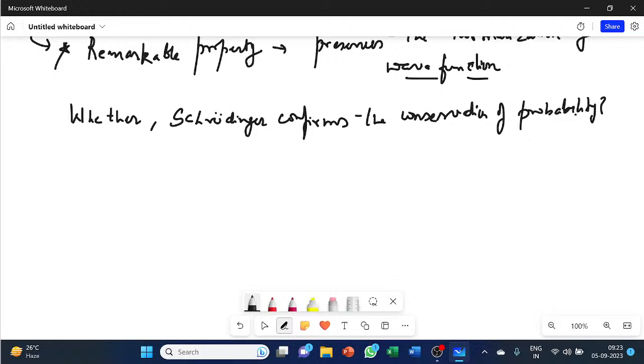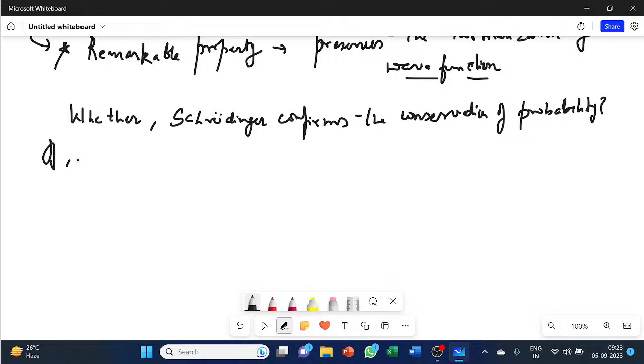Okay. So what I want to suggest was that if I am saying that the probability of finding a particle is unity somewhere in space, this probability must remain 1 irrespective of time, isn't it?